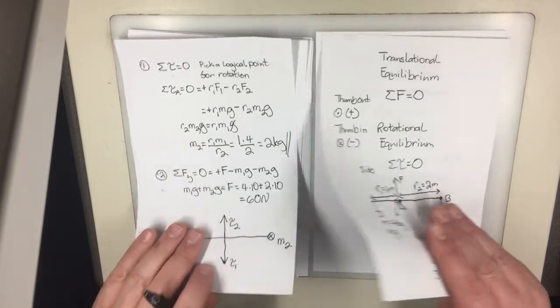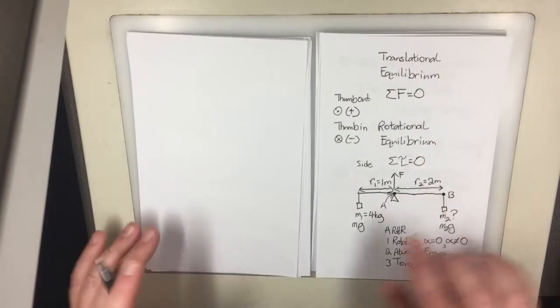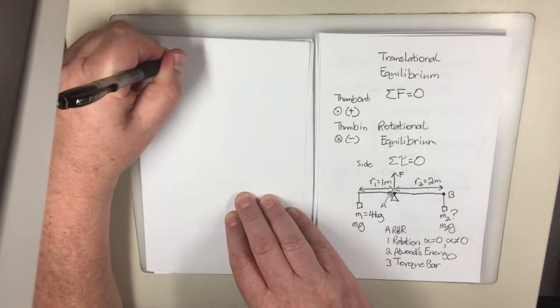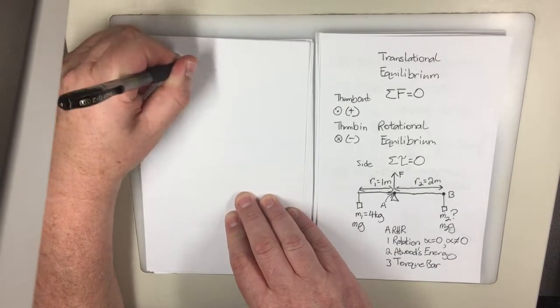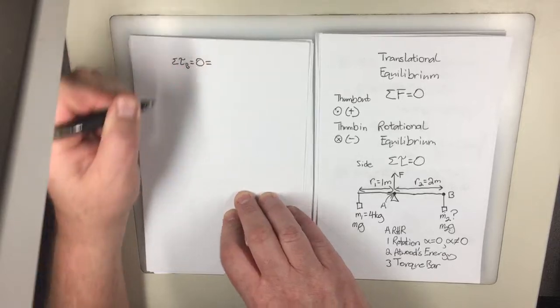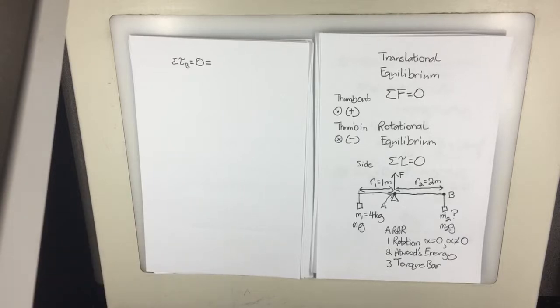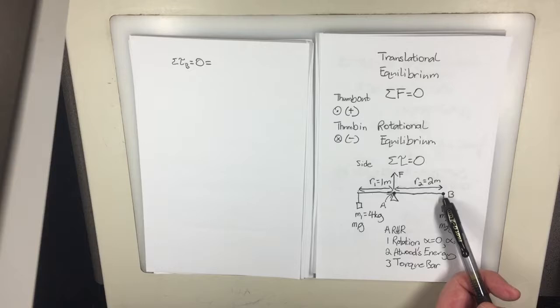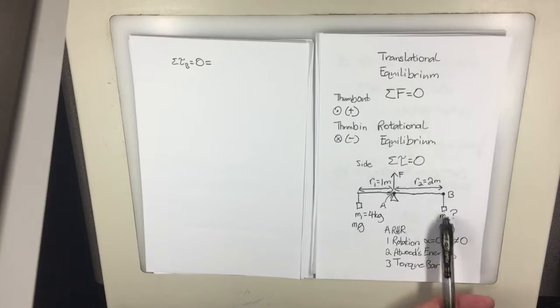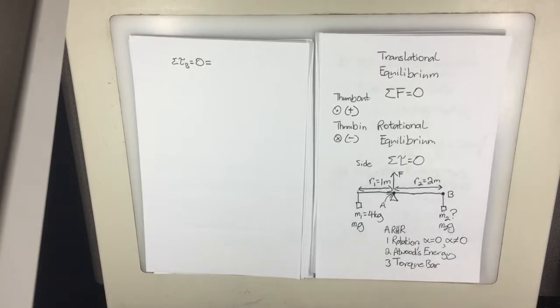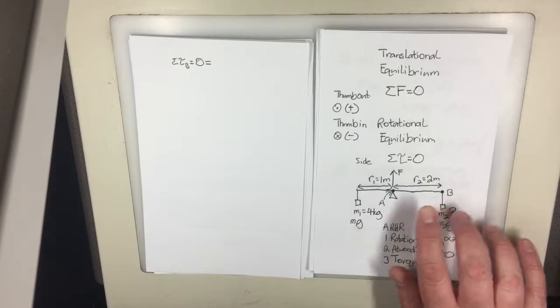So with this, I know for a fact that the sum of the torques around point B is equal to 0. Now there are two torques that could cause a rotation around that point. This one, its distance is 0, so I can ignore it.